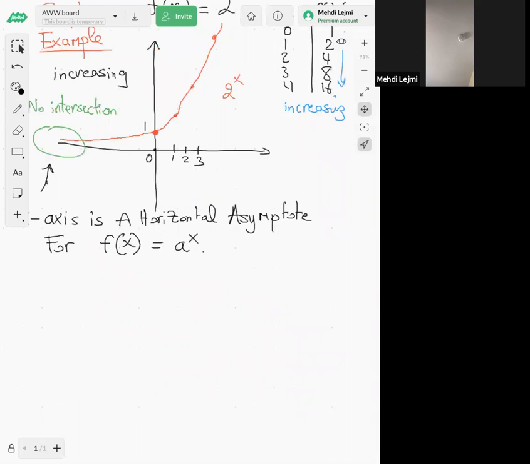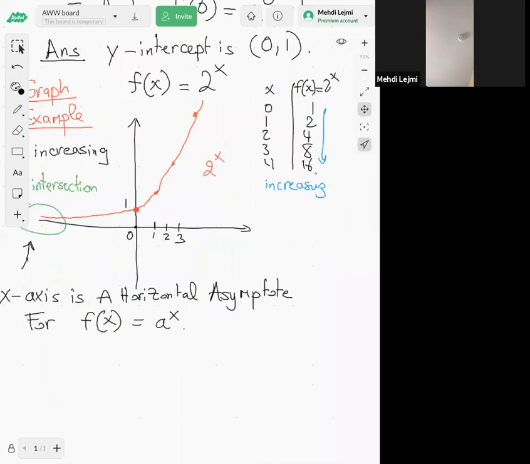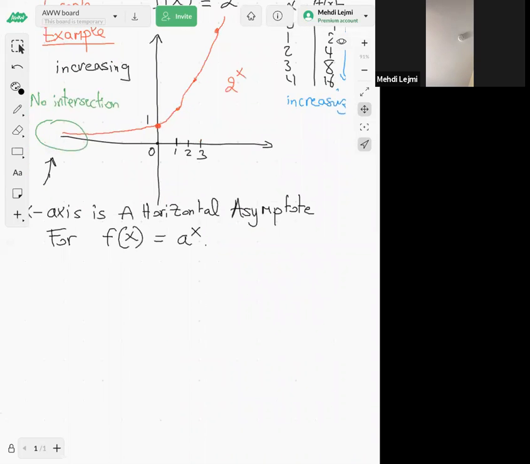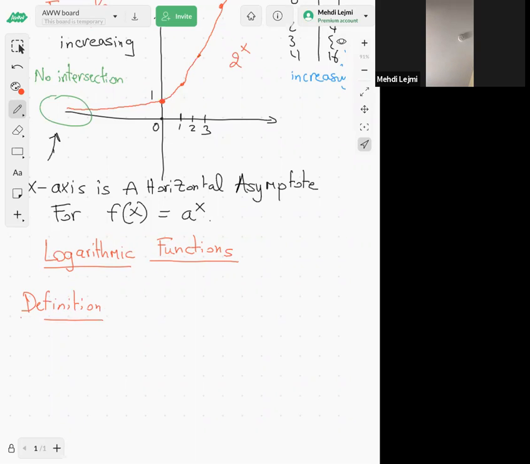logarithmic functions. The thing about these exponential functions is that they have inverses, and those will be the logarithmic functions. So, the definition of a logarithmic function: logarithmic functions are just the inverse of exponential functions.